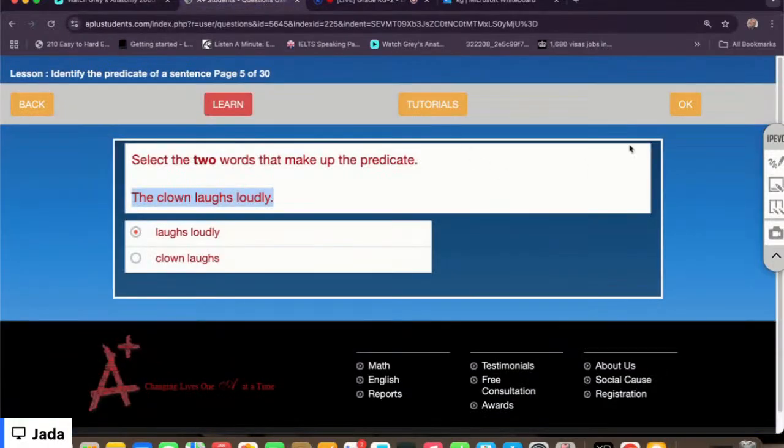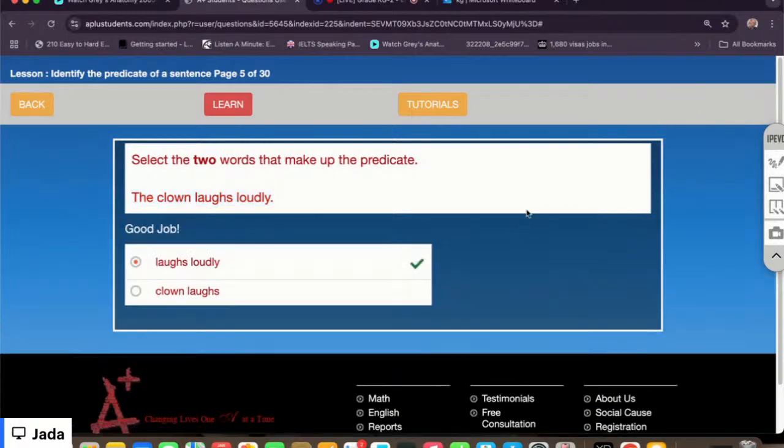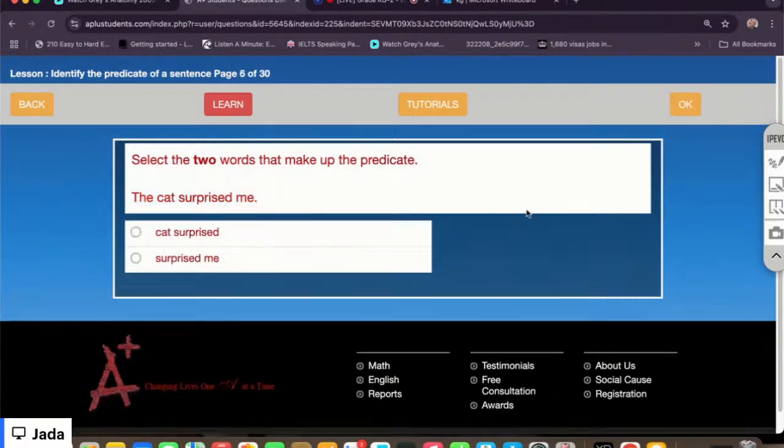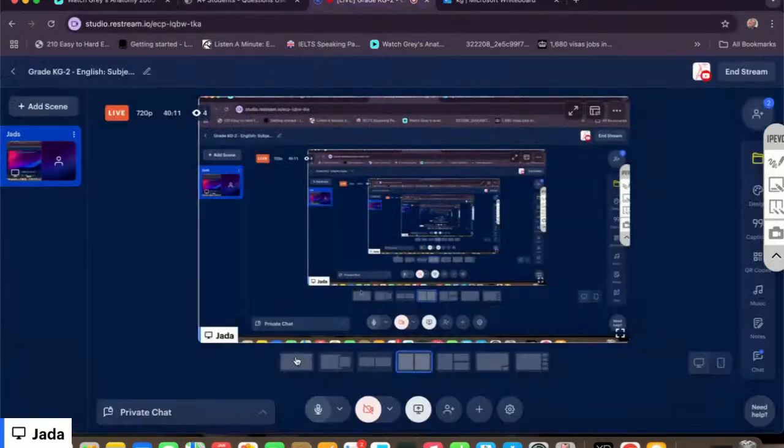So laughs loudly is the predicate. So we have, the cat surprised me. Which of these two is the predicate? Is it surprised me or cat surprised?